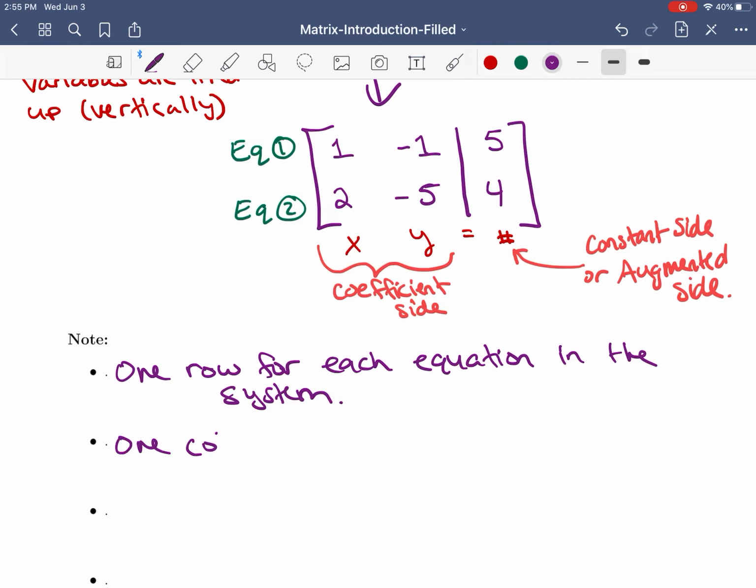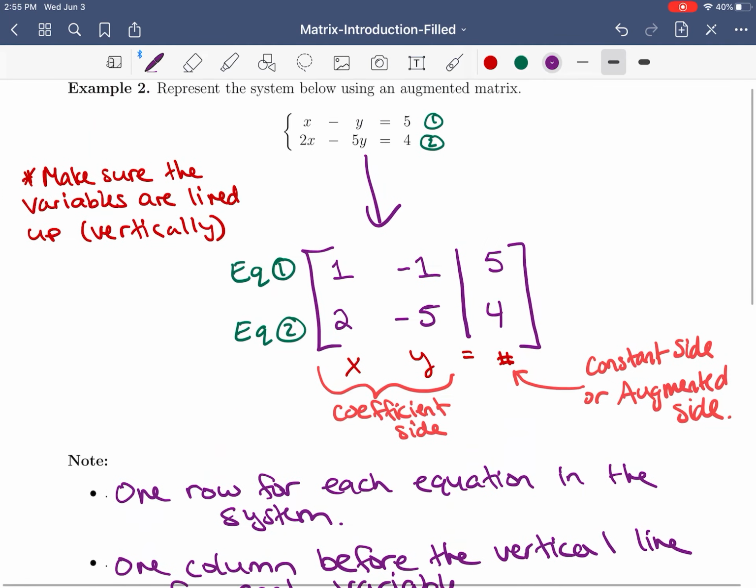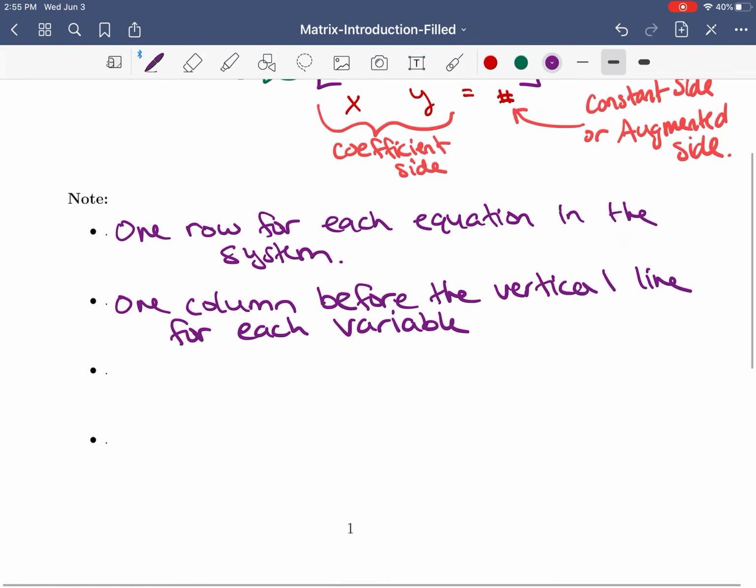We're going to have one column before the vertical line for each variable. So you're going to have your equations in what we call general form, with all your variables on the left side and all the numbers on the right side.